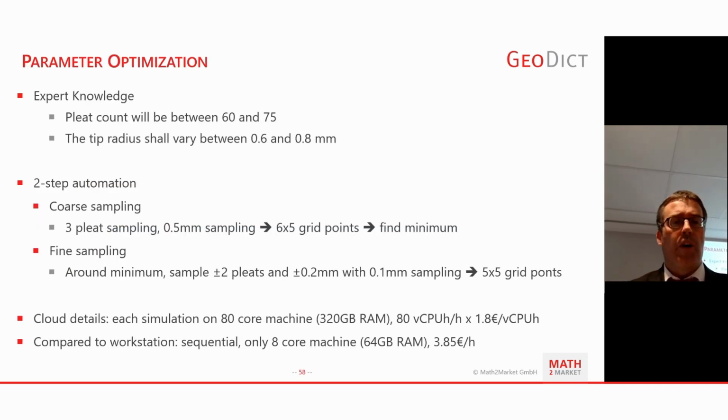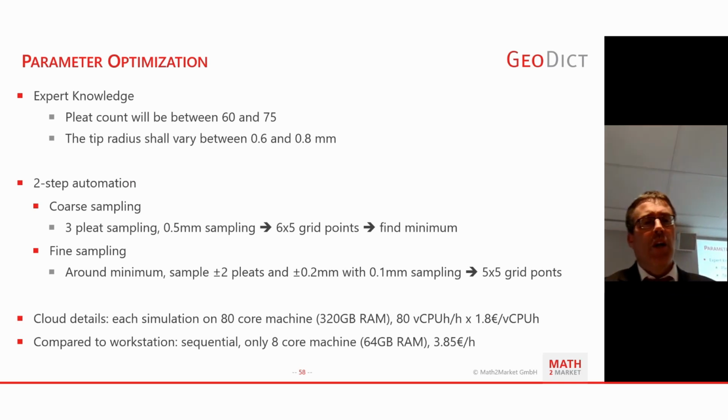So I need to tell you a bit about what the setup here was. Let's say the expert knowledge told us that pleat count should be somewhere between 60 and 75, just to shrink the possible range a bit. And let's say the tip radius is between 0.6 and 0.8. So here we do a 2-step automation.